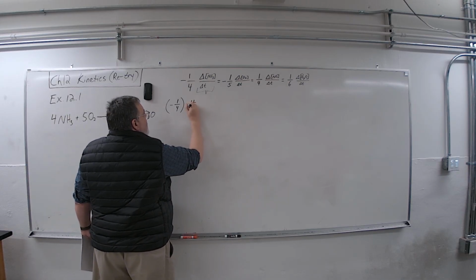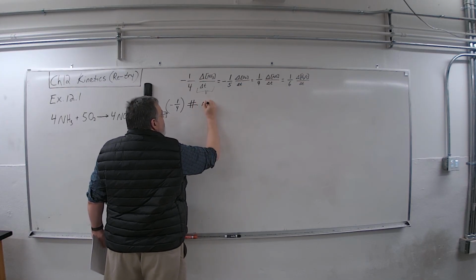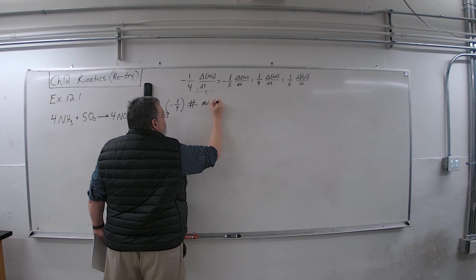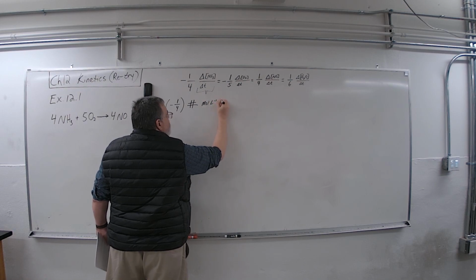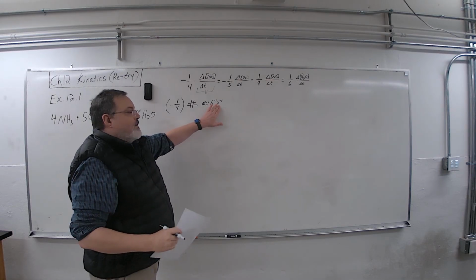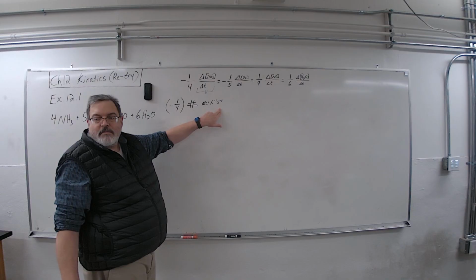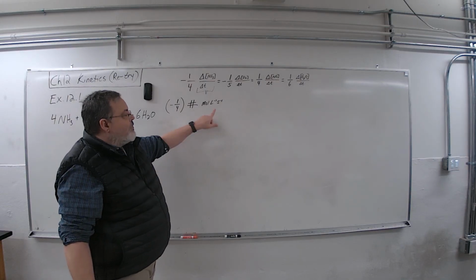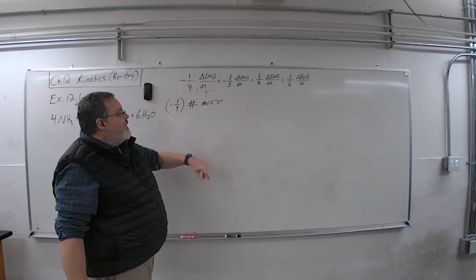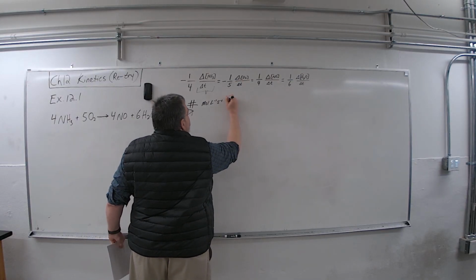Some numerical value, and then the units are moles per liter to the -1, per second to the -1. Actually, it could be second, it could be minute, it could be hour, it could be days. It's going to be some kind of time unit. There's another example we'll come to later where that's hours.